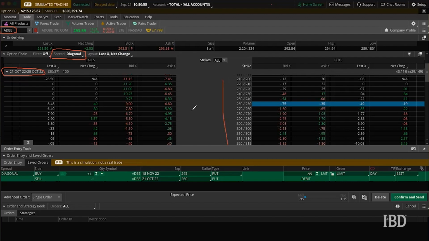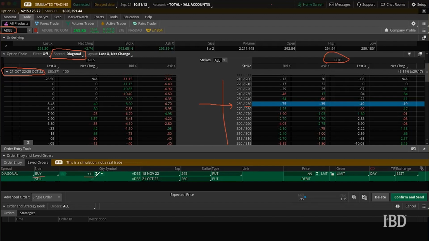So we'll go to the strike prices here, look on this side of the screen for put prices. I have selected here the 260, 250, and we're going to adjust the 250 down below. And here I have the trade set up and ready to go.